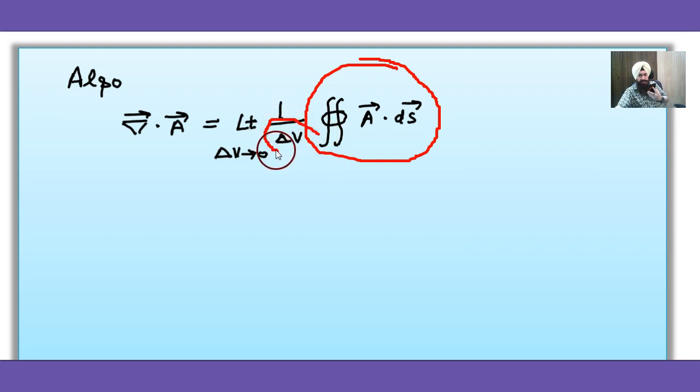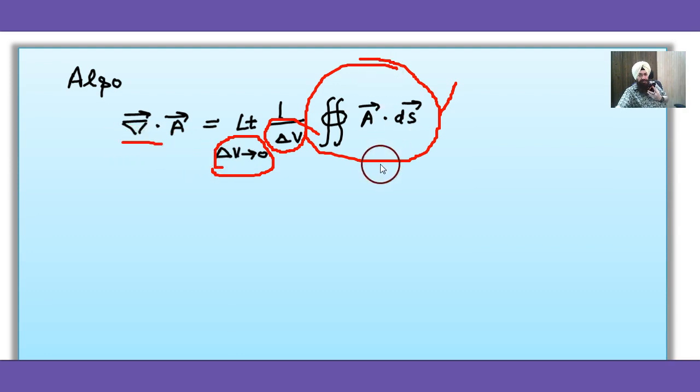Flux diverging per unit volume. But the volume which you consider tends to zero, it should be infinitely small. The volume element should be infinitely small. So flux diverging per unit volume as volume tends to zero, that's the divergence of A.